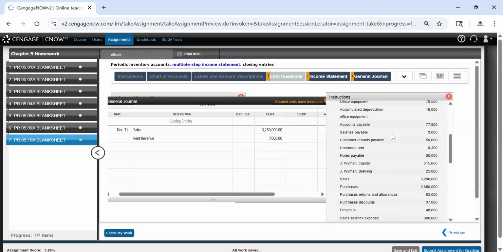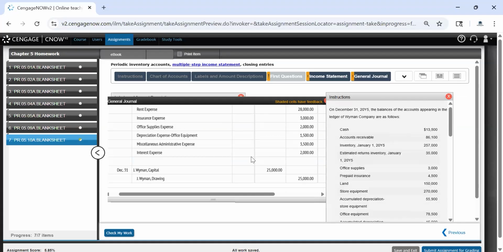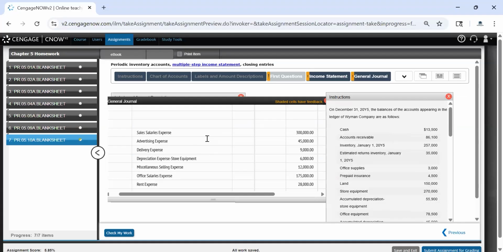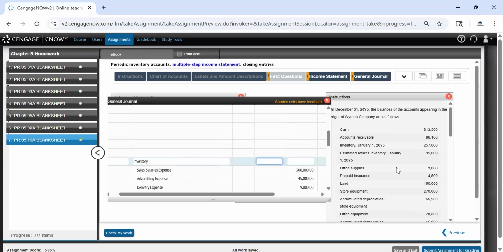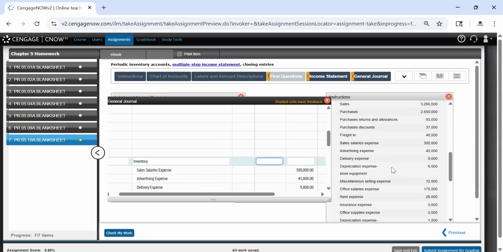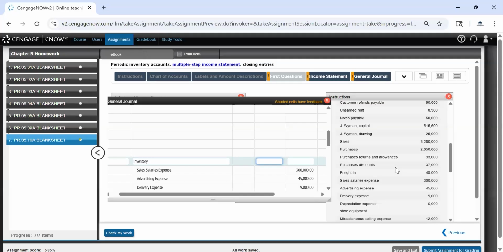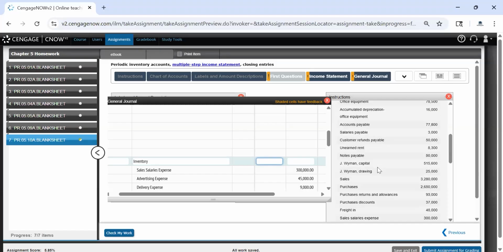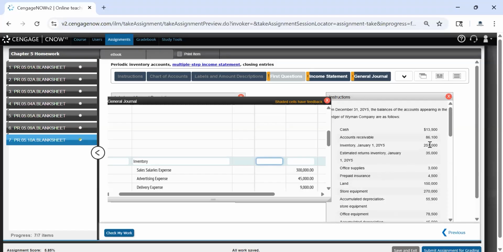We're going to credit our beginning inventory. Our beginning inventory was $257,000, and we're going to credit this. This zeroes it out.